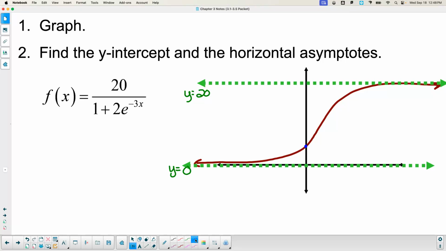Negative 3 times 0. 0, e to the 0. 1 times 2. 2 plus 1. 3. 20 divided by 3 is... 6 1/3. Oh, 20/3 is so much prettier. It's like me, pretty. Okay?